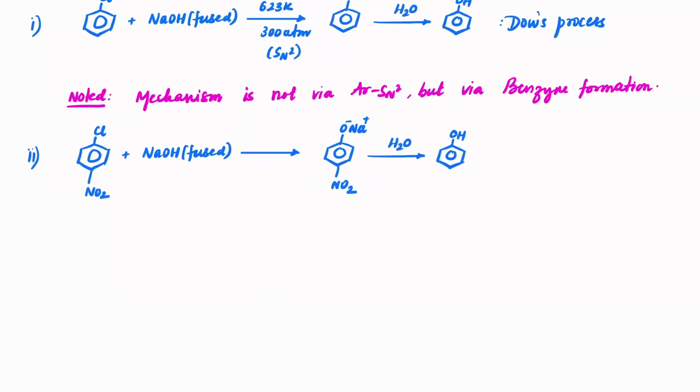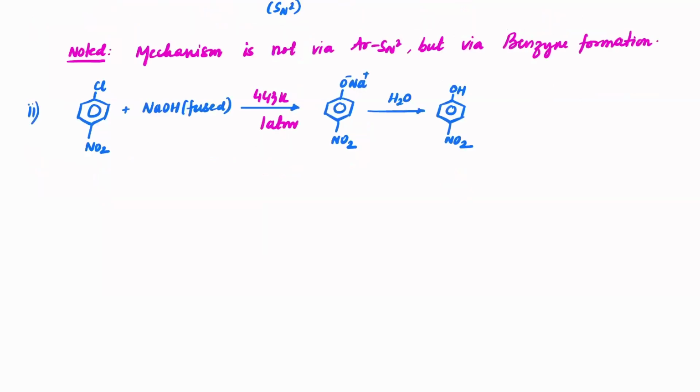What is the reaction condition this time? With NaOH, this will be 443 kelvins and 1 atm pressure. Got it? So in such case, you will get this paranitrophenol.